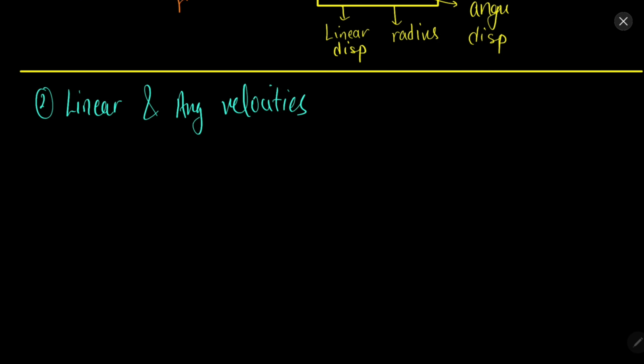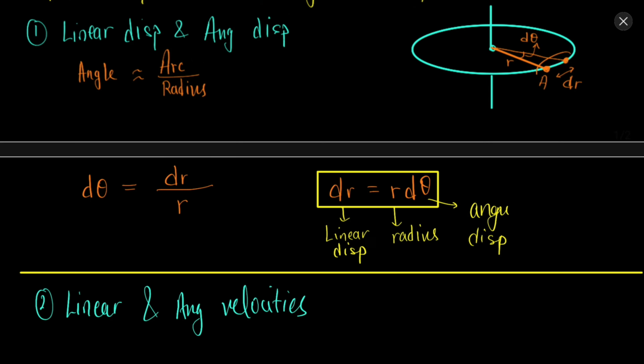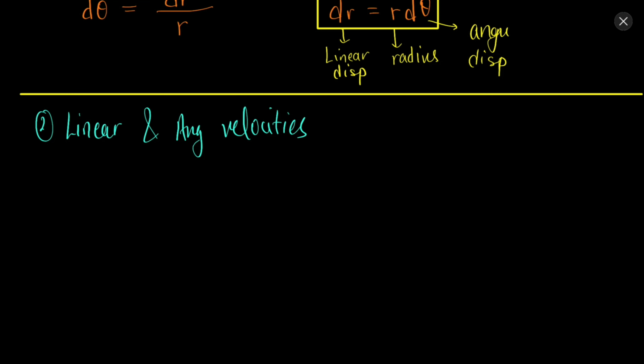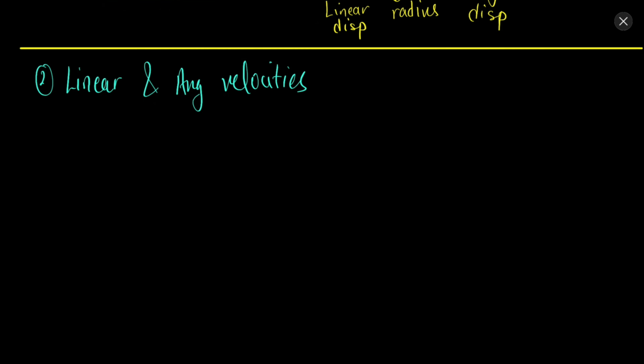Now let's start the next relation, that is the linear and angular velocity. So let's again take one example. We have this circle. Let me draw a bit smaller. This is the circle.